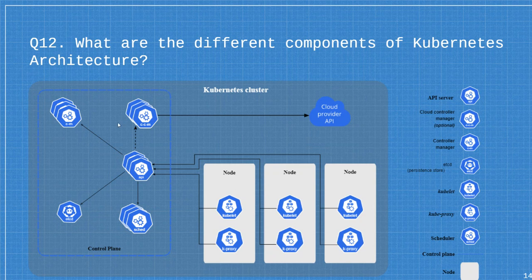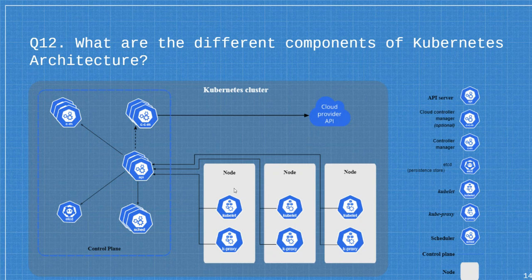So here API server is used for the APIs of Kubernetes, and the controller manager's task is to control Kubernetes. Scheduler, what does the scheduler do? Its major task is to schedule the pods or containers on the worker node.